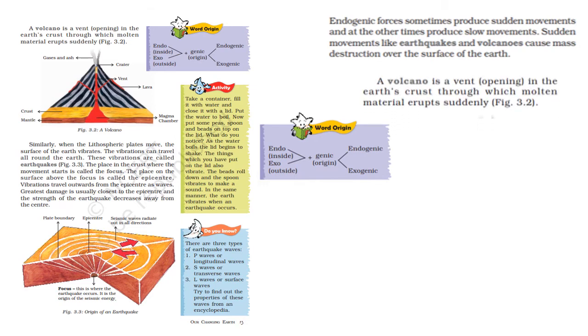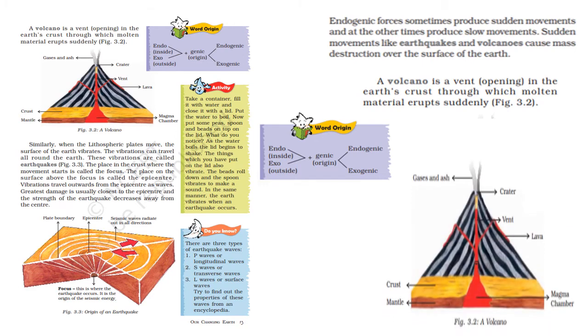Now we will see what a volcano is. A volcano is a vent or an opening in the earth's crust through which molten material erupts suddenly. See the picture shown here. It is showing the picture of a volcano.